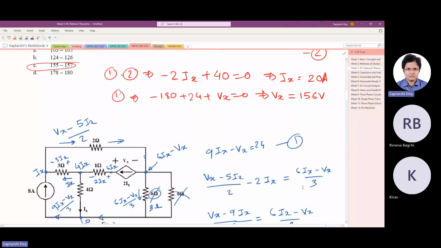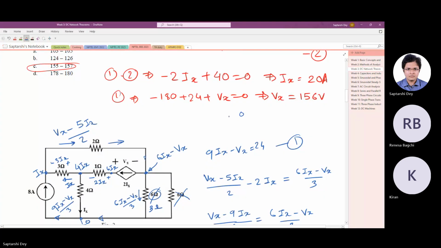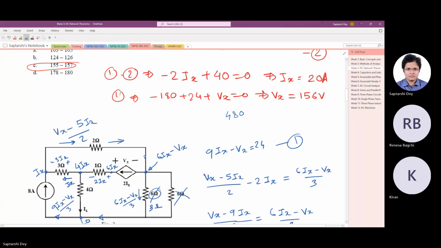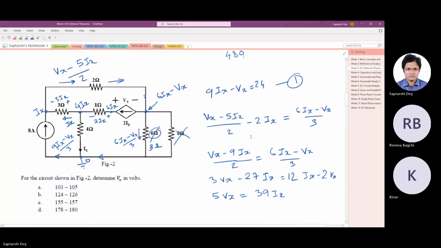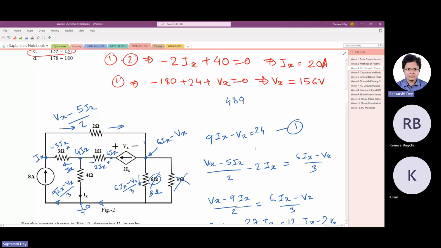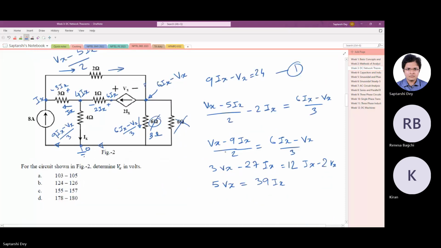Is it true, 5Vx? Should be 380. Can you find the mistake anywhere? Anyway, looks like somewhere I have written something wrong.